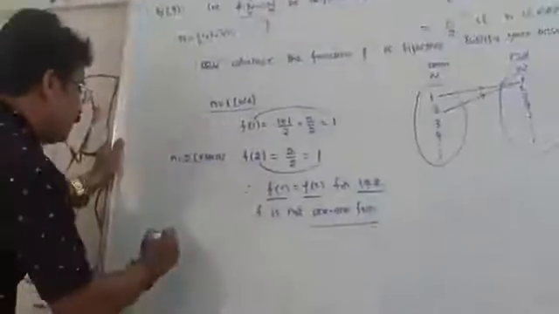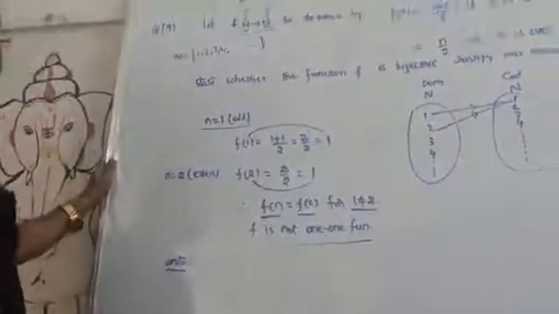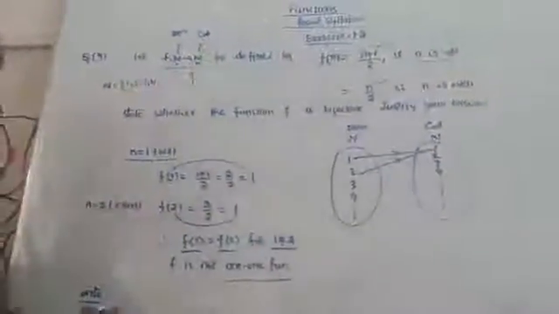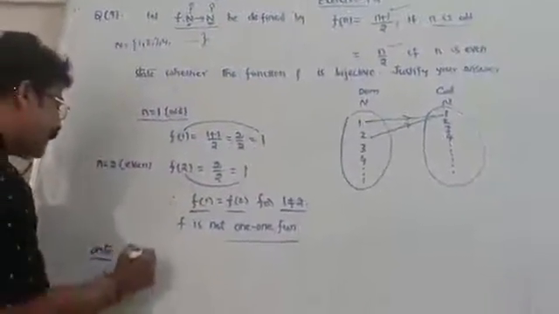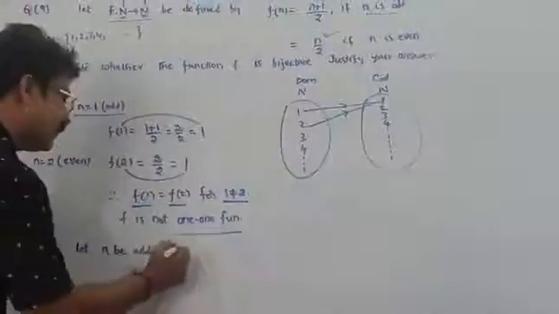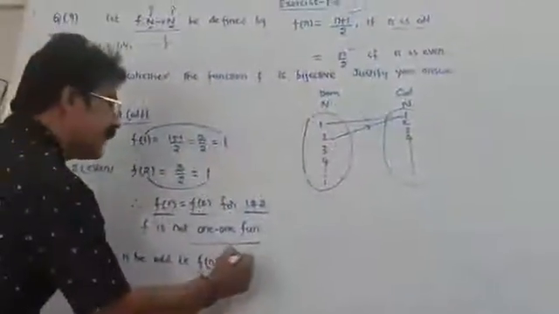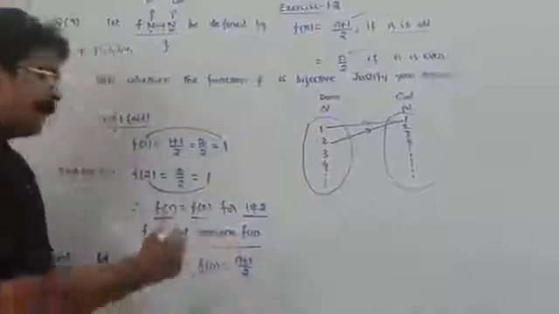Next, onto function. First, I will take the odd case. Let n be odd case. Odd means f of n is defined as, in this case, (n+1)/2.